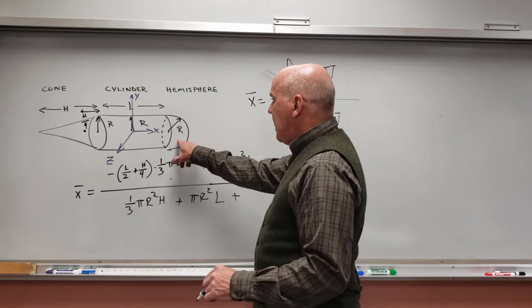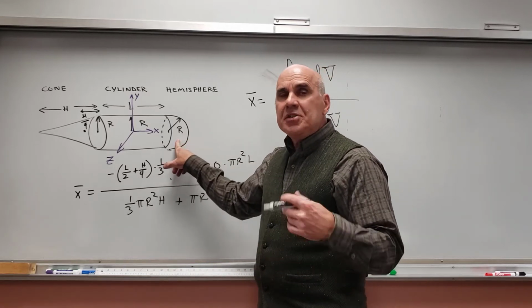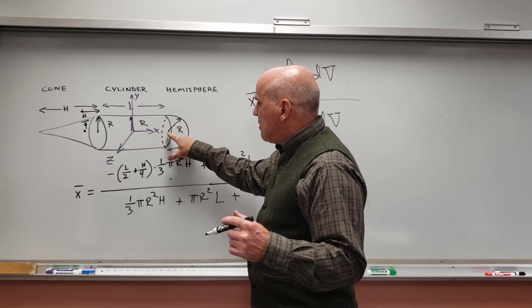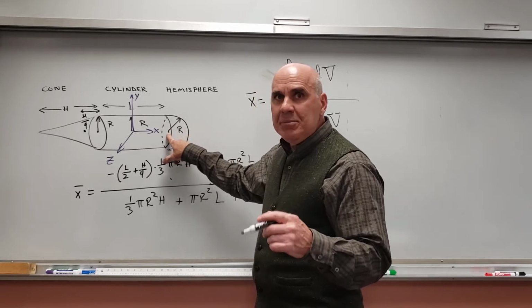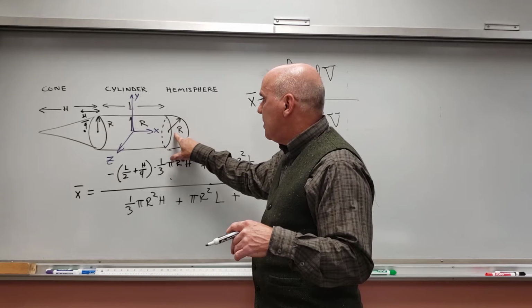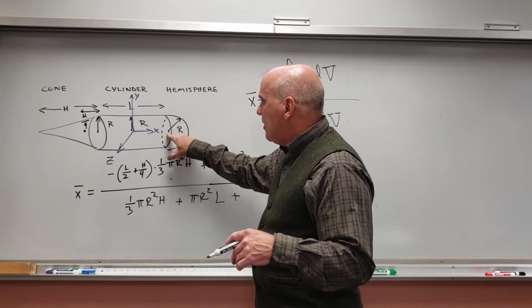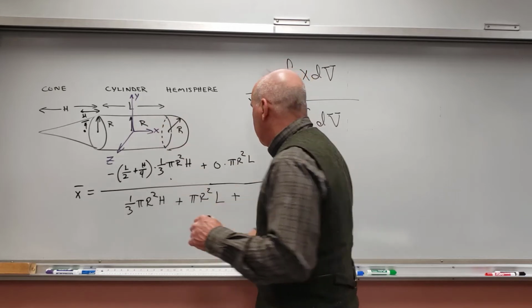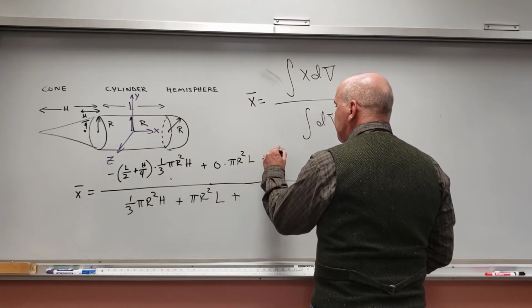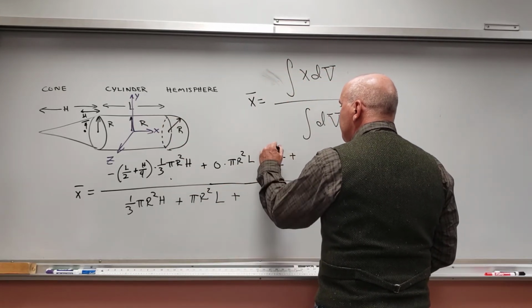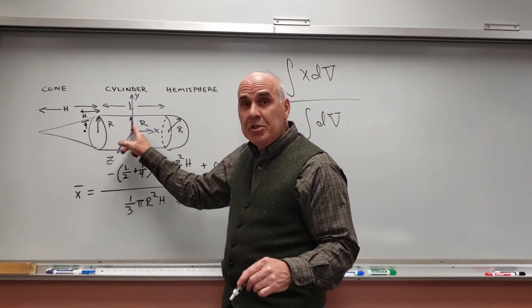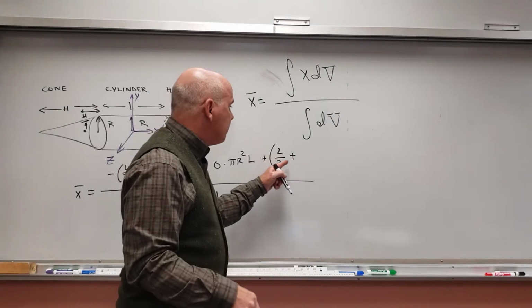And then finally I have the hemisphere, and it turns out the centroid of the hemisphere is 3 times the radius over 8. But that's from here, 3r over 8 from here, but I'm also L over 2 from the origin. So the centroid of the hemisphere is going to be L over 2 plus 3r over 8. Notice the cone's one is negative because it's to the left of the origin, and this one's positive because it's to the right.